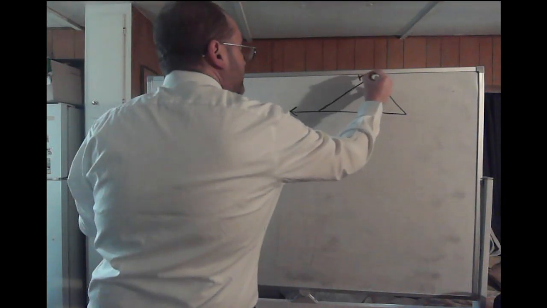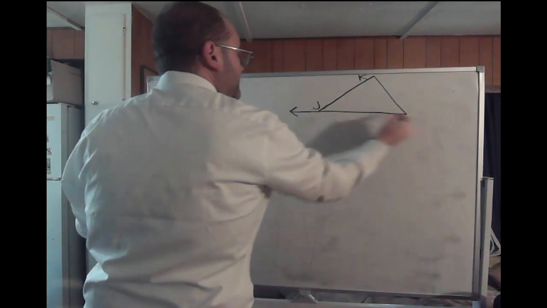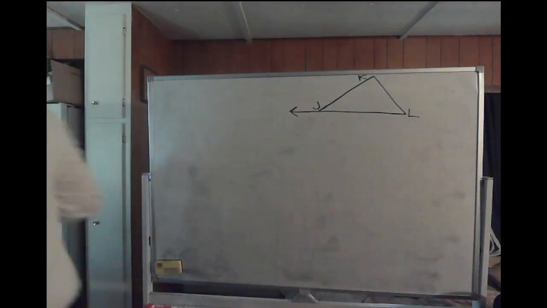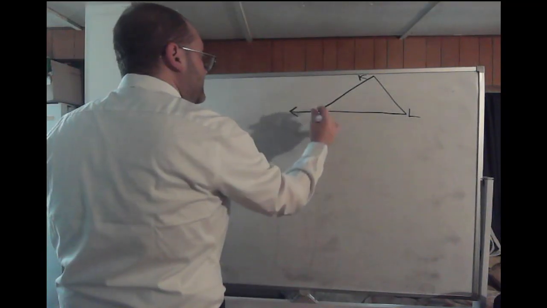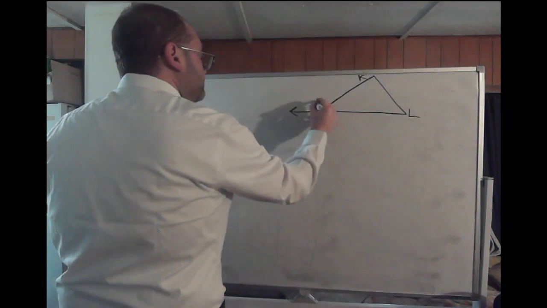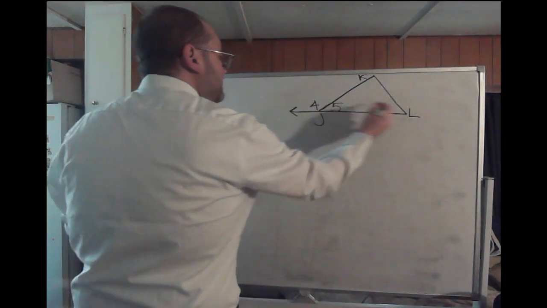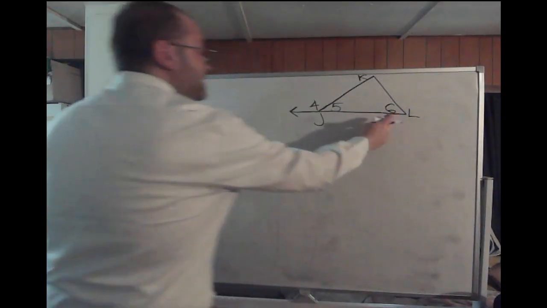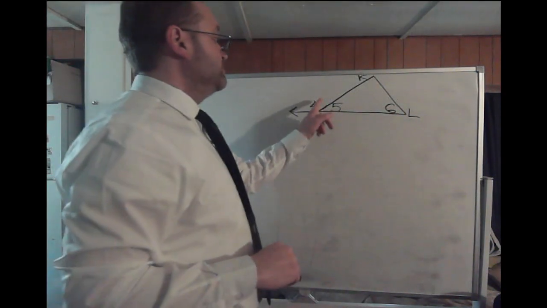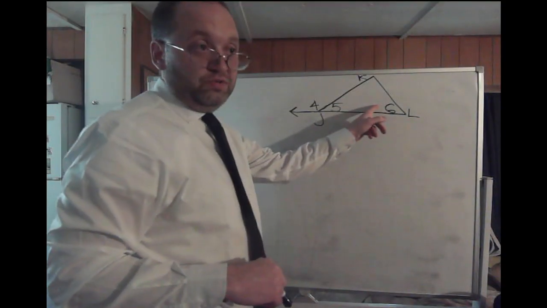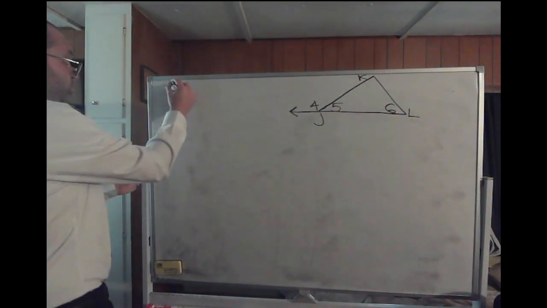We'll call this triangle KJL. Let's put the J down lower. This will be angle 4, this will be angle 5, this will be angle 6, right? So we have three angles, angle 4, angle 5, angle 6 in this triangle.